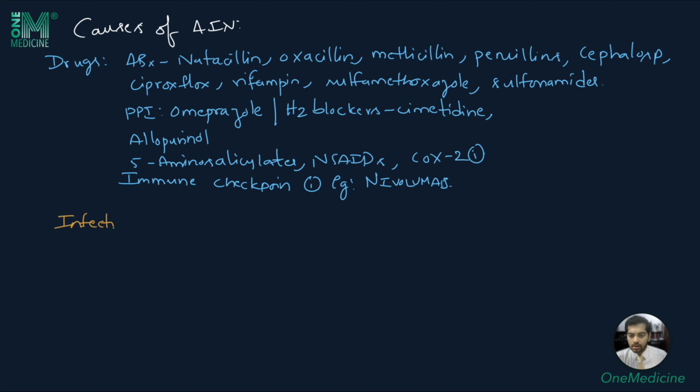Infections that cause acute interstitial nephritis include leptospirosis, tuberculosis, Legionella, and even streptococcal infections.